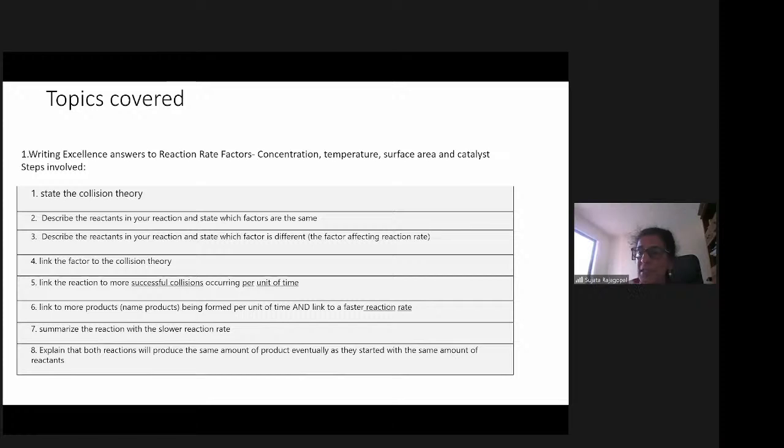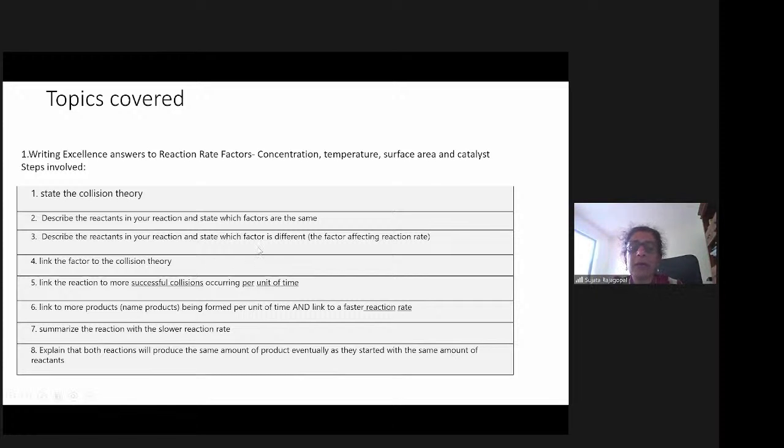If it is surface area, let's say calcium carbonate is made into a powder. You would say as calcium carbonate is made into powder, more particles of calcium carbonate are exposed for collision. So make very sure that you include the reactants' names in it.